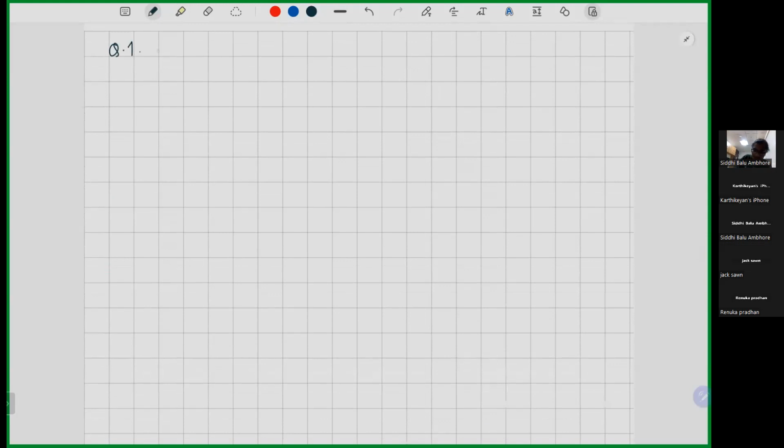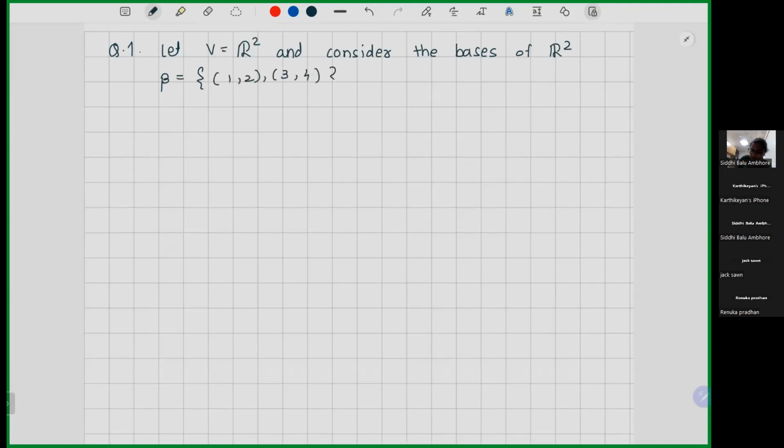So I assume that. So let V be R2. So we are in R2 now. And consider the basis of R2, beta is equal to (1, 2), (3, 4), and gamma (7, 3), (4, 2).